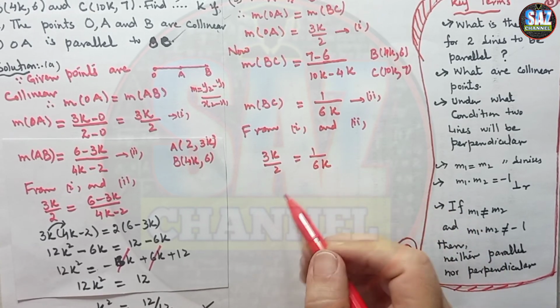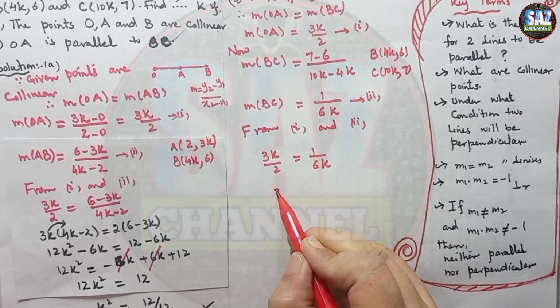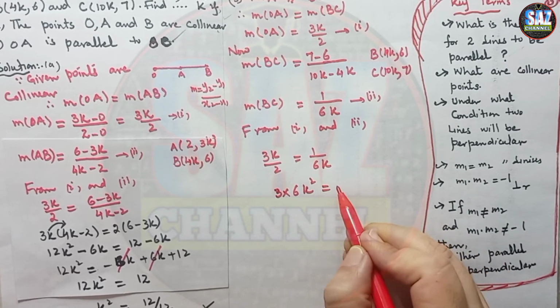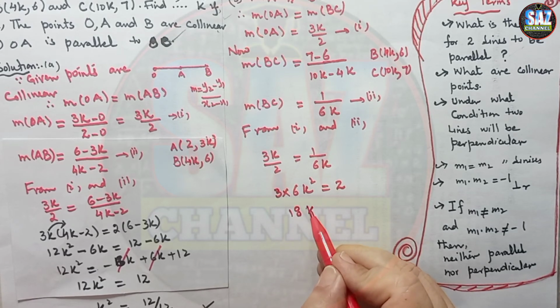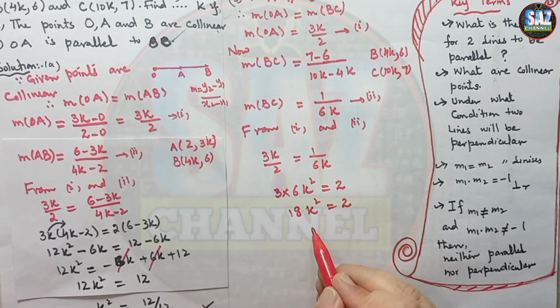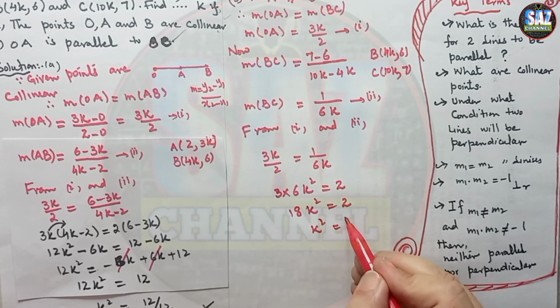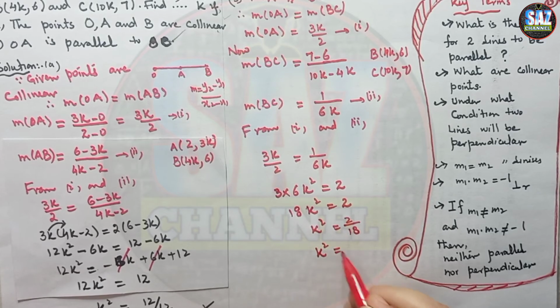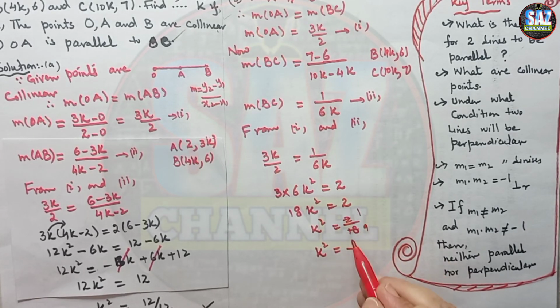After cross multiplication, 3 times 6 is 18, so 18k square equals 2, k square equals 2 by 18, and 2 ones are 2, 2 nines are 18, so k square equals 1 by 9.